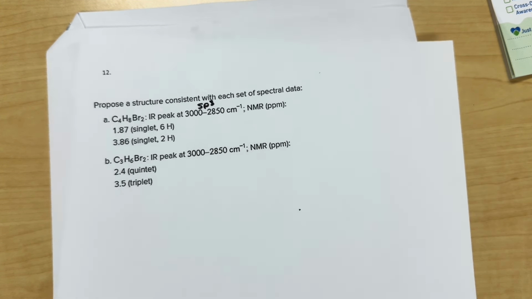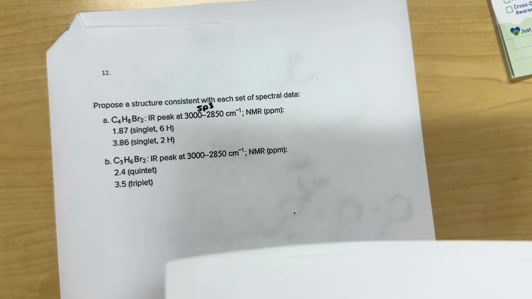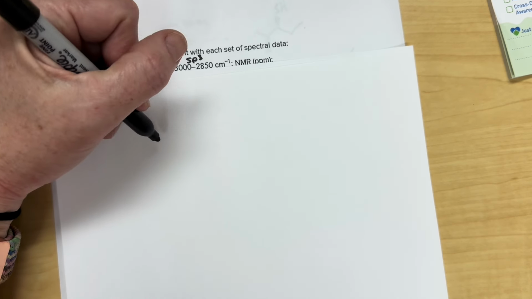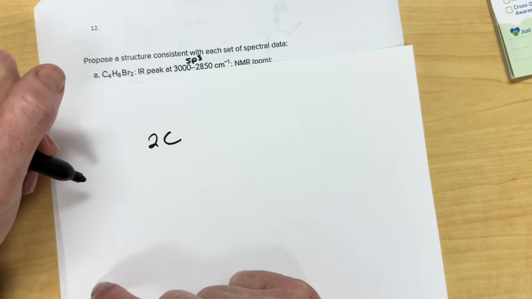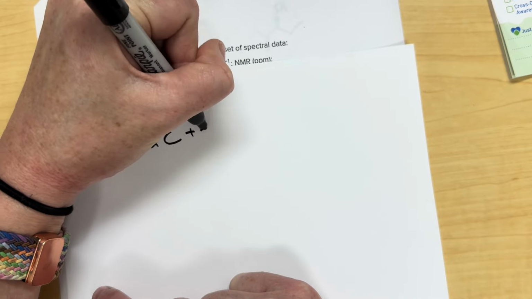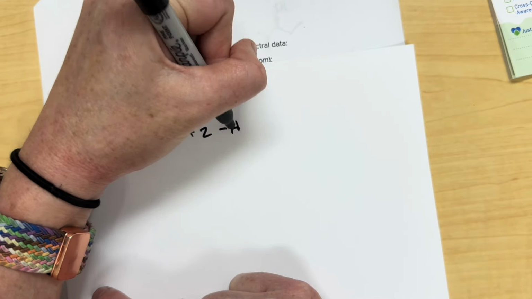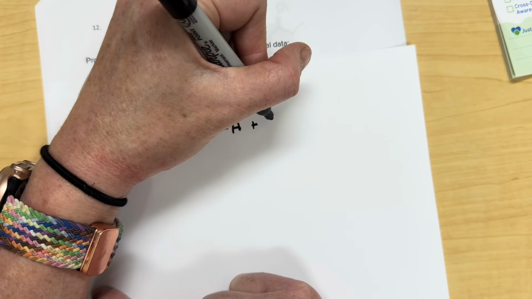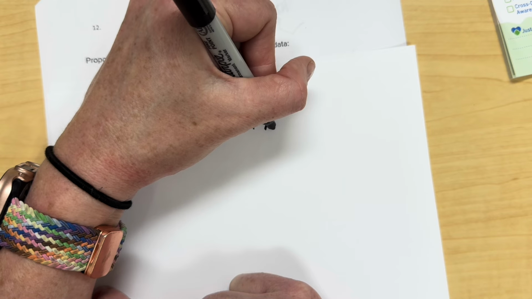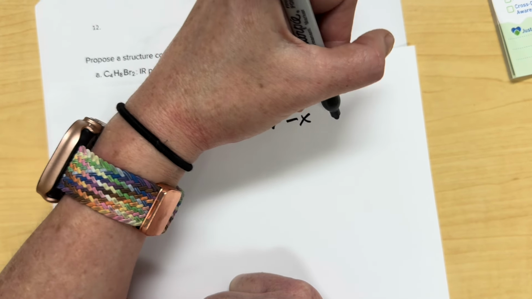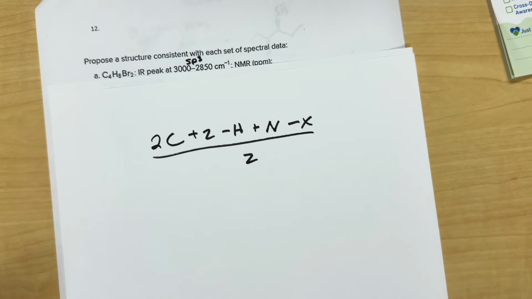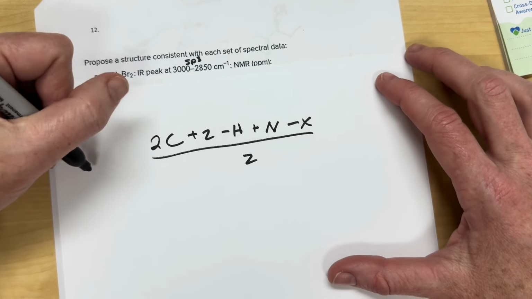You could say, let me pull this out real quick. I know this is all alkane because I know that 2 times the number of carbons plus 2, minus the number of hydrogens, plus the number of nitrogens, minus x, all divided by 2, is going to give you the degrees of unsaturation.